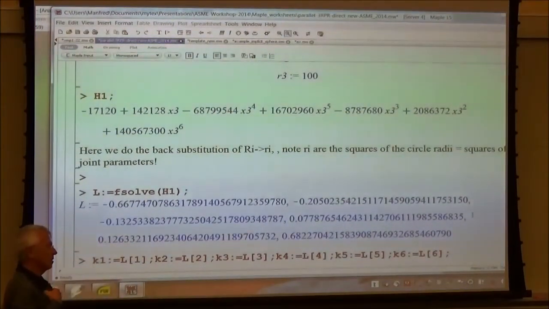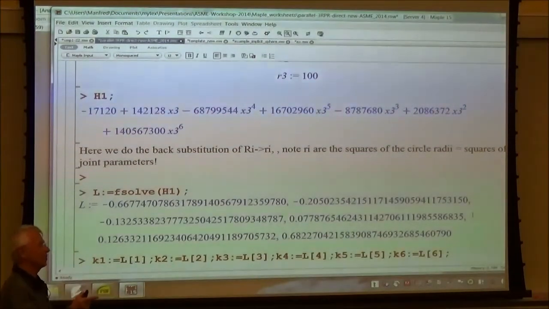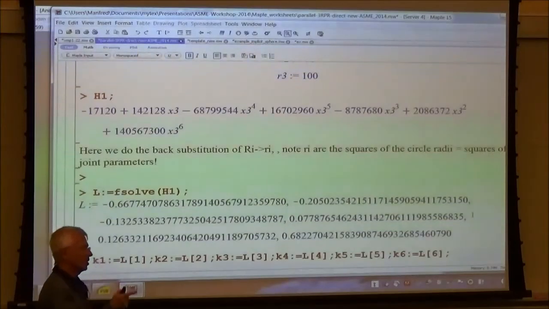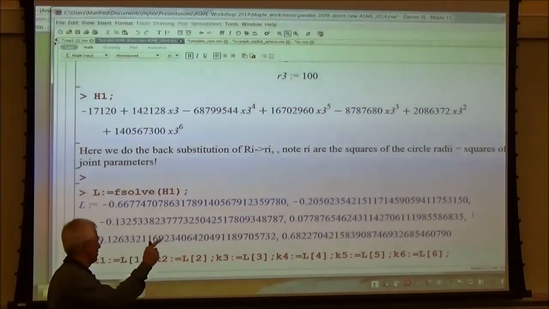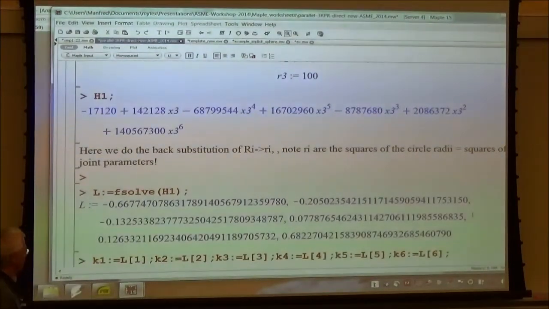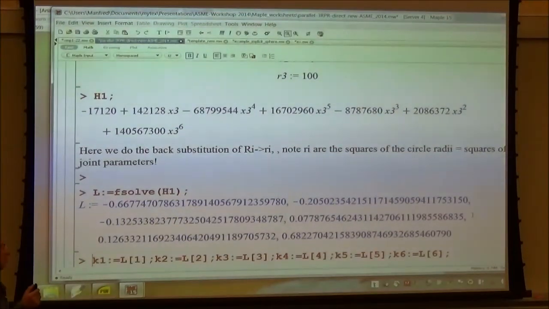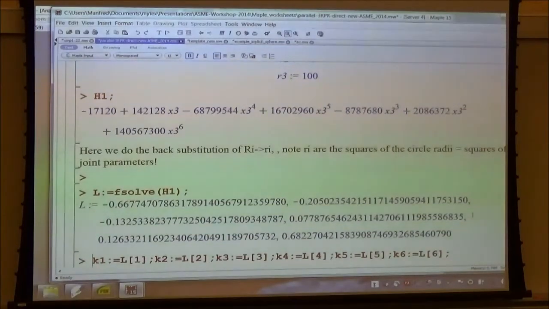This happened to me when I was looking for 40 real solutions of the Stewart platform. Once I got 40 real solutions, but in the back substitution it was not the case that all of them remained real. In this case you can be sure, because the back substitution is only solving linear equations, as we have seen before.